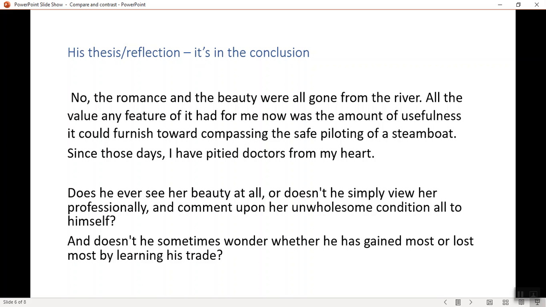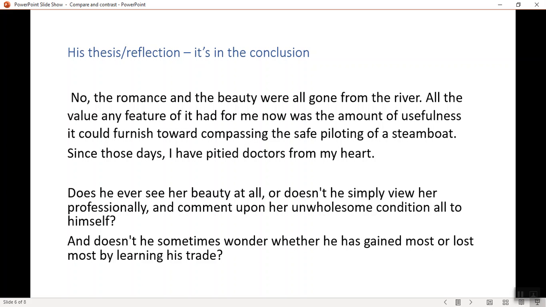And then we come to the end where he's reinforcing his thesis again. He's talking about doctors. Does he ever see her beauty at all? Or doesn't he simply view her professionally and comment upon her unwholesome condition all to himself? And doesn't he sometimes wonder whether he has gained most or lost most by learning his trade?